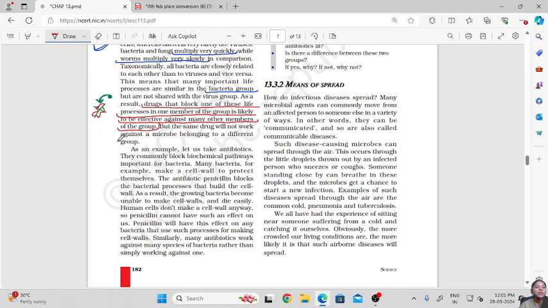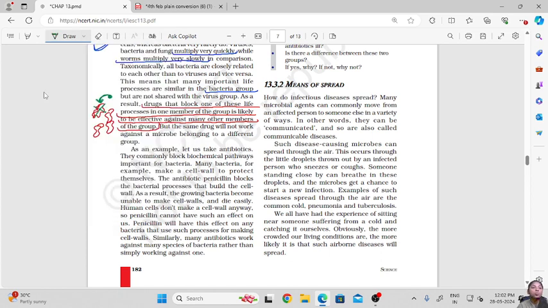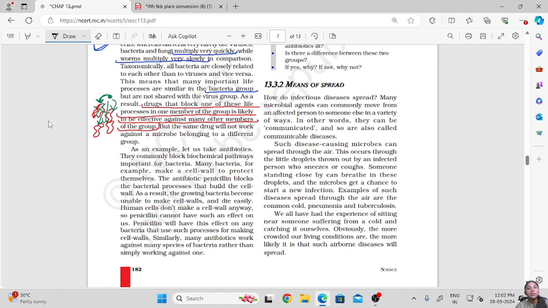When different bacteria have life processes similar to this one, the drug is likely to be effective against all these bacteria too, because these have similar processes, and if it can tackle one of the bacteria, it is likely that it can be used against the others too. It may not always work, but it is very likely that it can be effective.